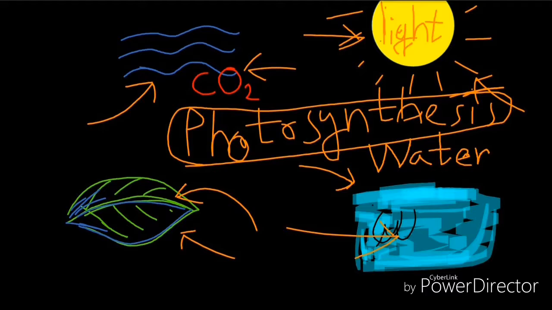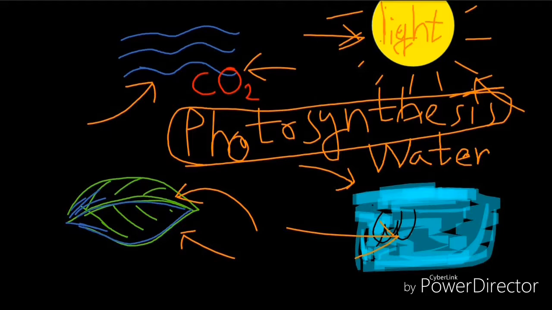So you can ask, what is chlorophyll? Chlorophyll is located in the chloroplasts. Chloroplasts are a type of plastid. Trees and plants have three kinds of plastids.